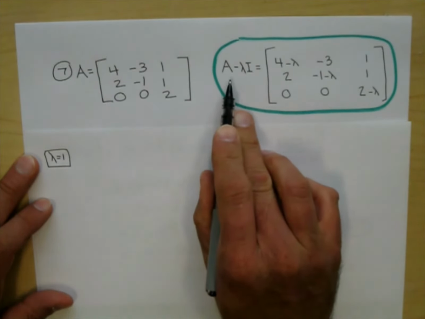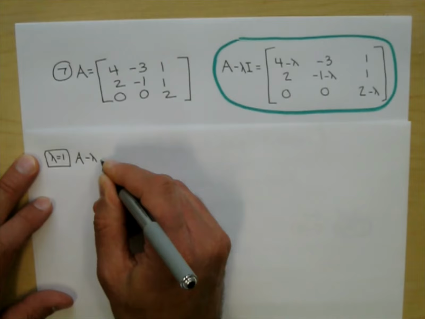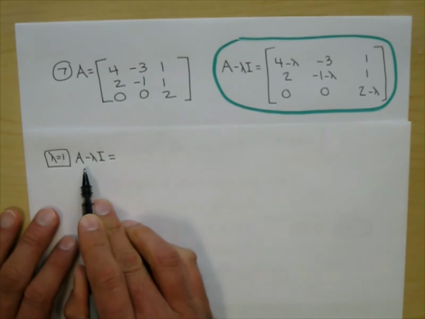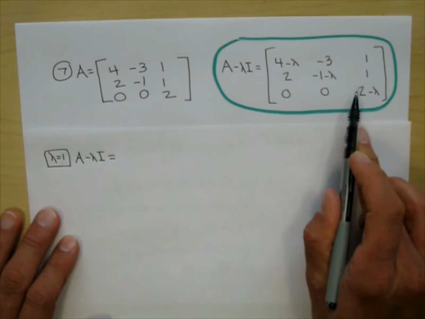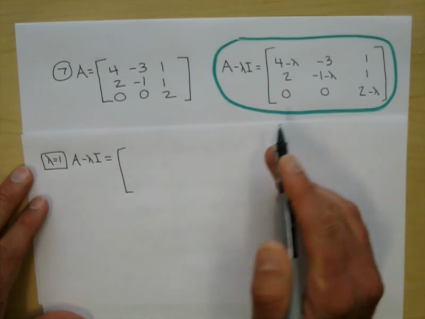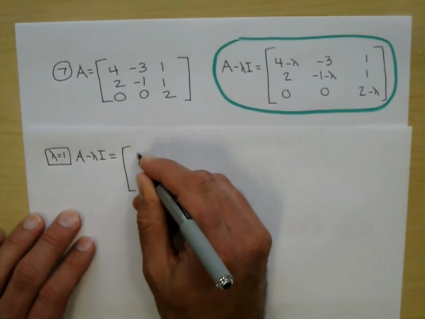The first thing I write down is A minus lambda I, or A minus I if you'd like. I'm just going to write it like this. I'm going to put a 1 into this matrix. When I do that, I end up getting 4 minus 1, which is 3.